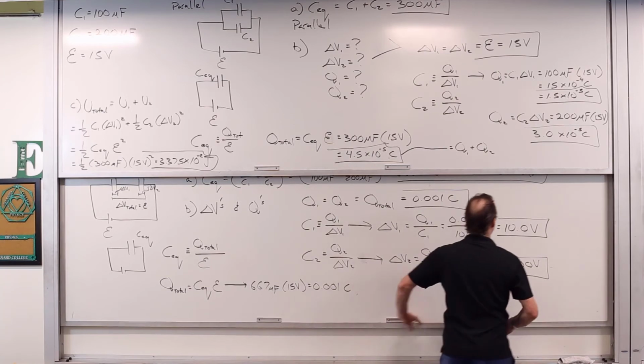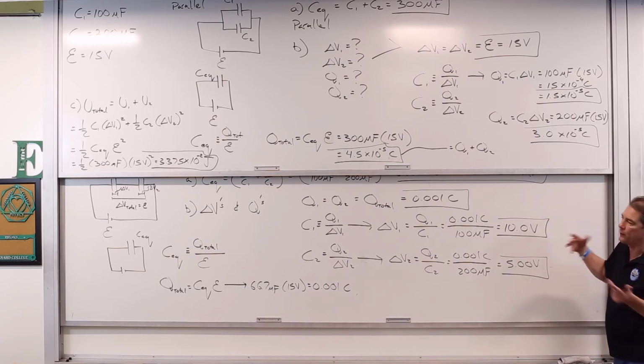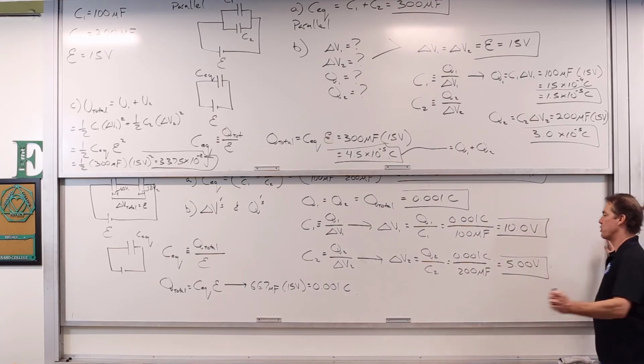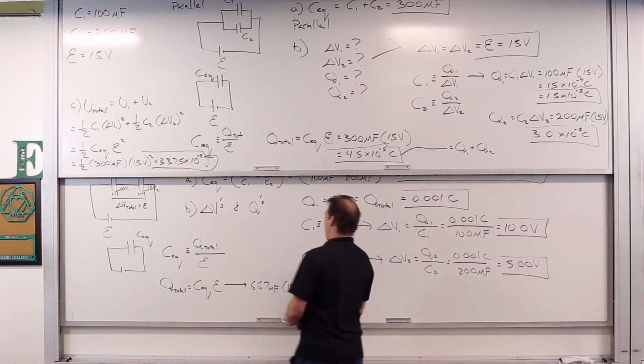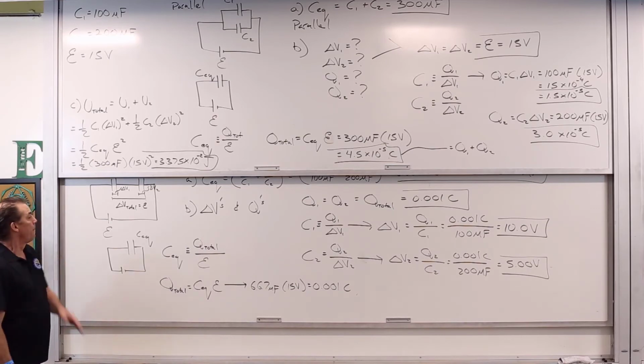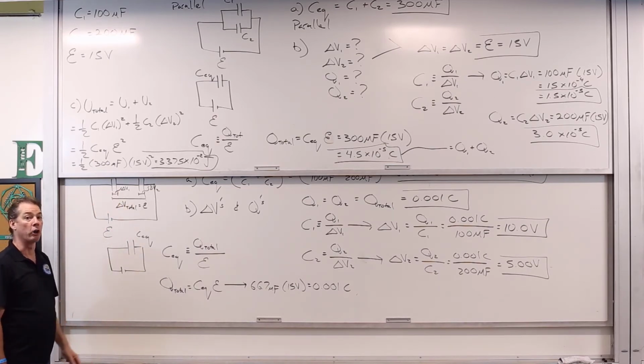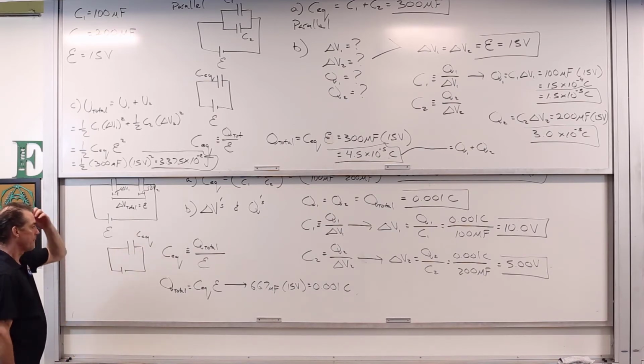Or we could have just noticed that the total potential difference has to be 15 volts. 15 minus 10 is 5, 5 plus 10 is 15, however you want to look at it. It all matches up with what we should expect. So there are the potential differences, that's how it gets split up. The bulk of the potential difference is actually across the smaller capacitance capacitor.